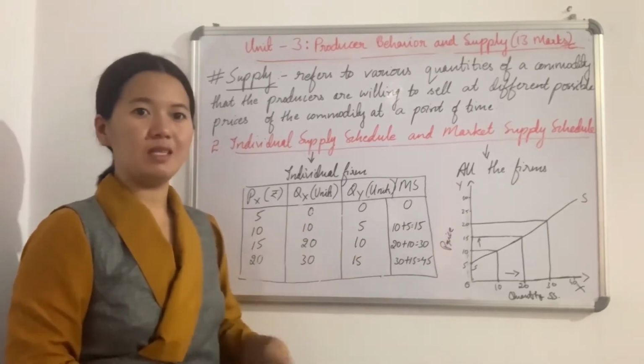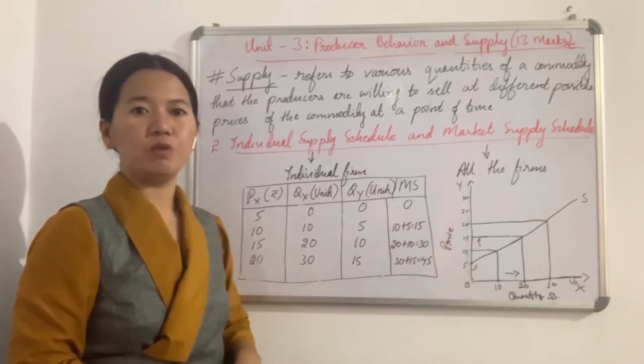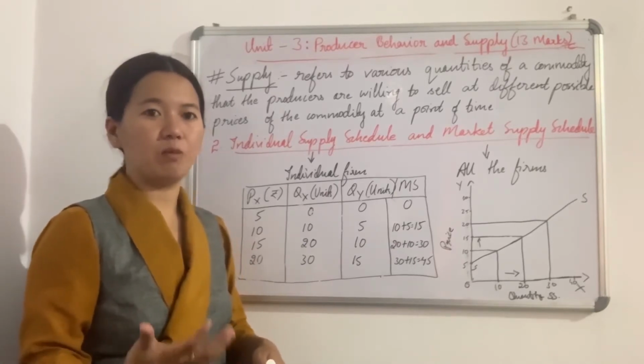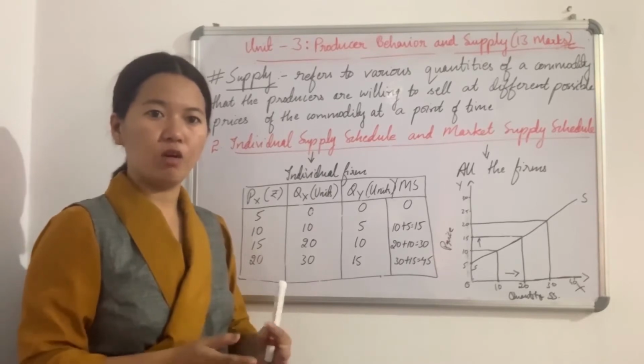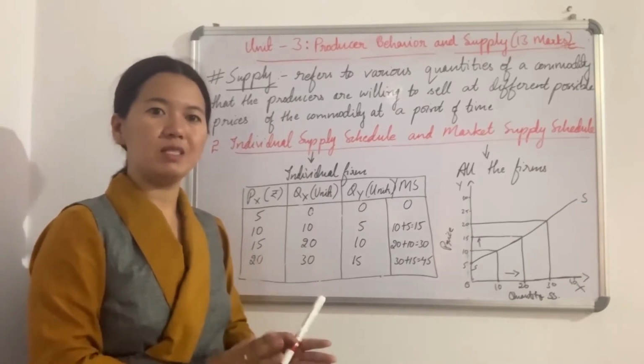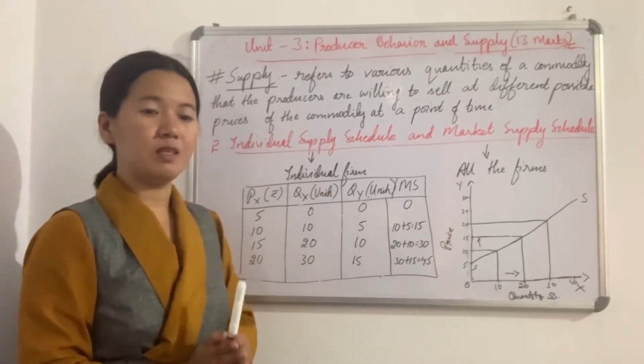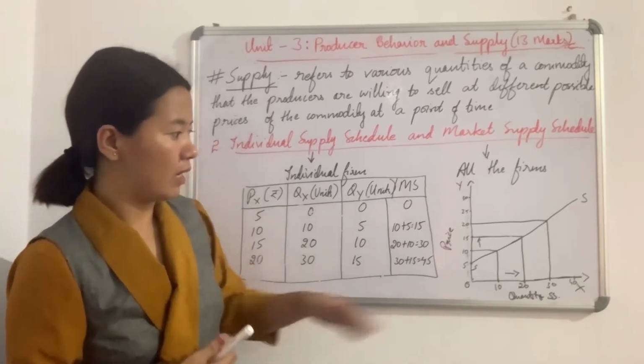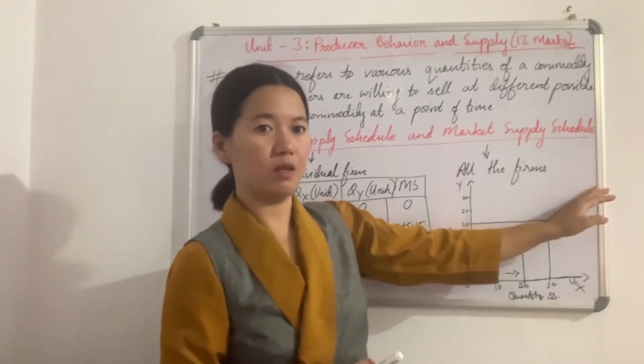When there is an increase in the price of a commodity, the producer is willing to sell more of that commodity because he is getting more profit. So there is a direct or positive relationship between price and quantity supply. Since there is a direct relationship between price and quantity supply, we are getting an upward slope supply curve.